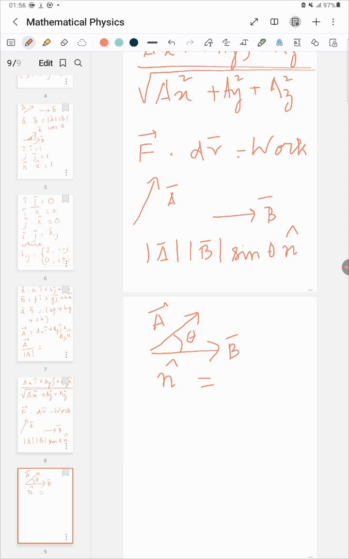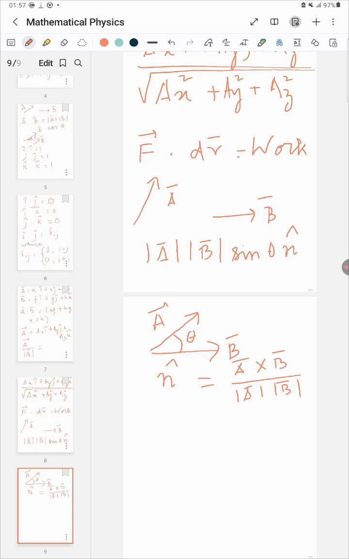From B to A it would be outward of the plane, and from A to B inward. N cap can also be defined as A vector cross B vector by modulus of A vector into modulus of B vector.